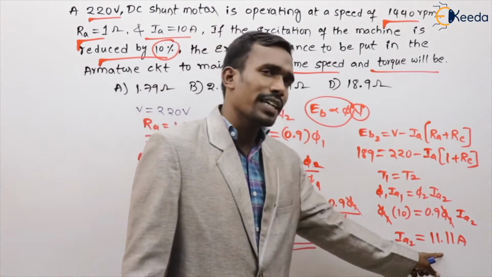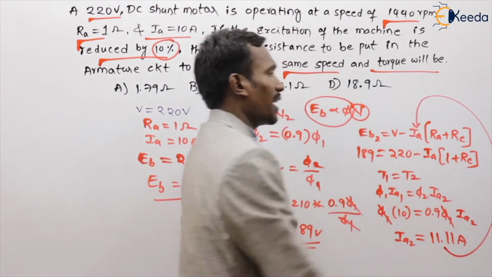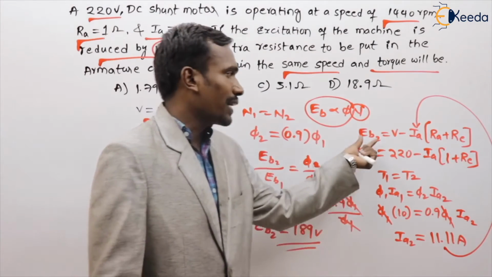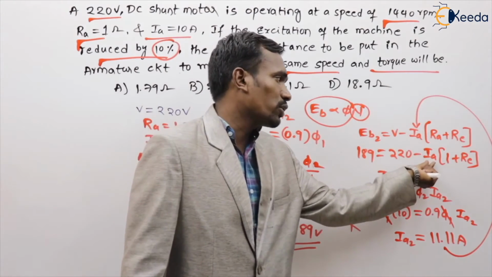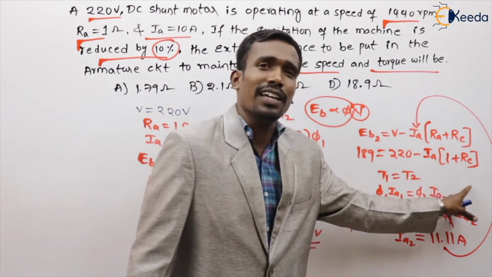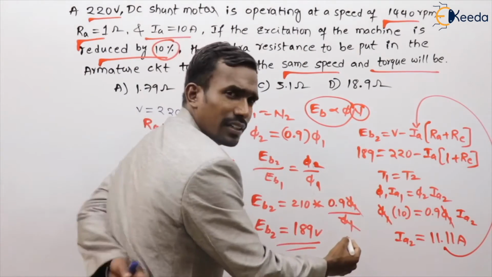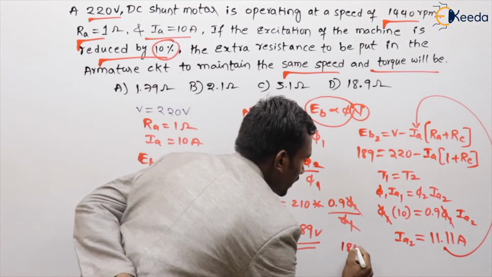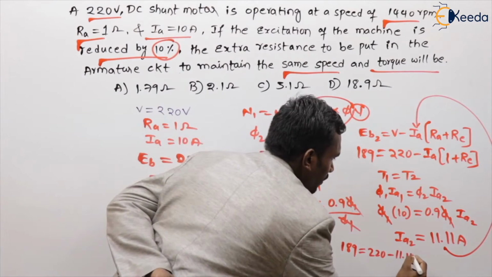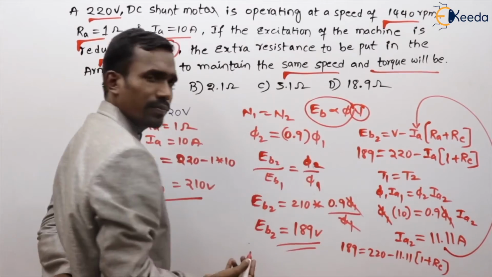Now substitute this IA here. Then we can get the extra resistance RE. For example, 189 is equal to 220 minus 11.11 into (1 plus RE).